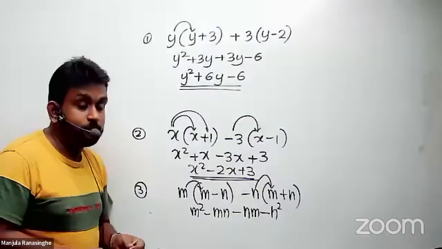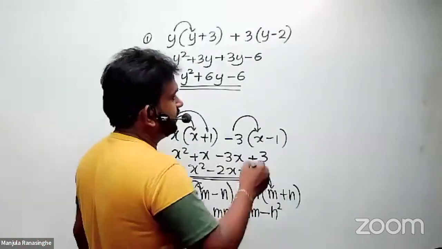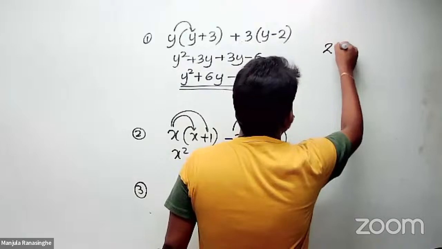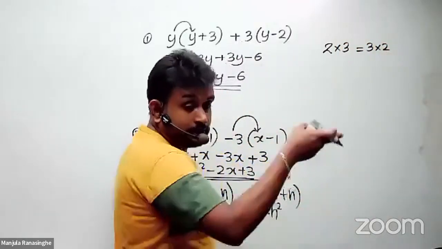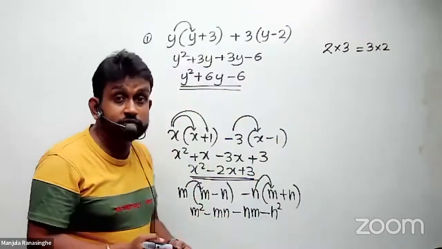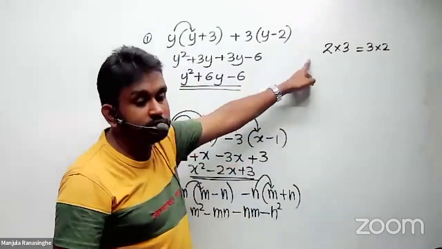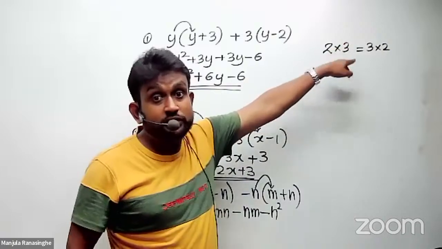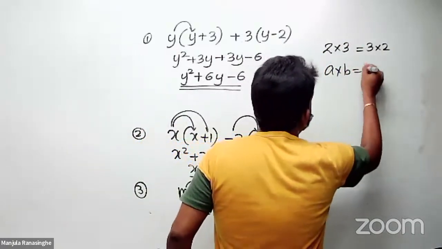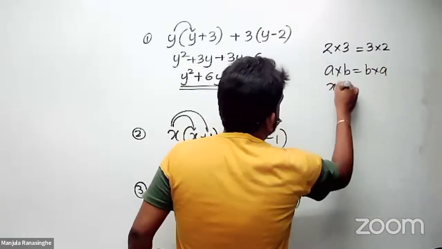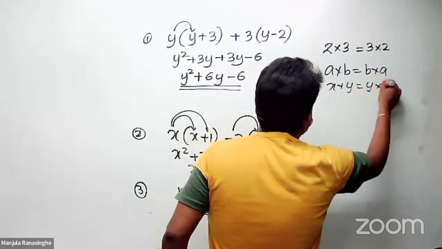They are the same. Why? The reason is a rule in mathematics: 2 into 3 equals 3 into 2. Although they exchange the terms, their values are the same. 2 into 3 equals 6, as well 3 into 2 equals 6. So similarly, A into B equals B into A, X into Y equals Y into X, right?